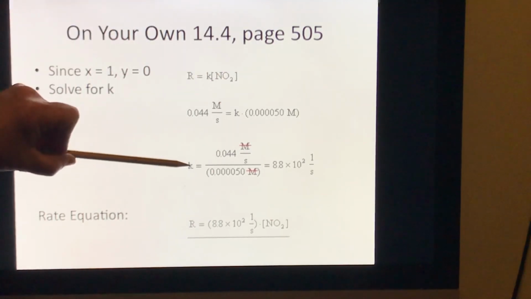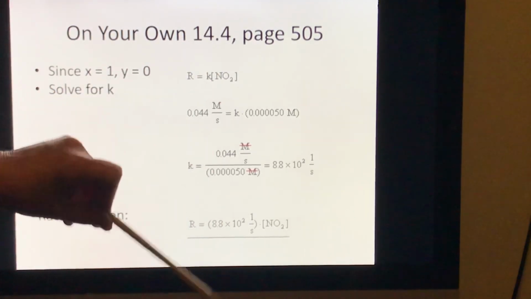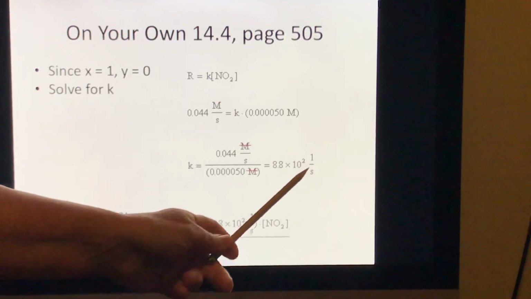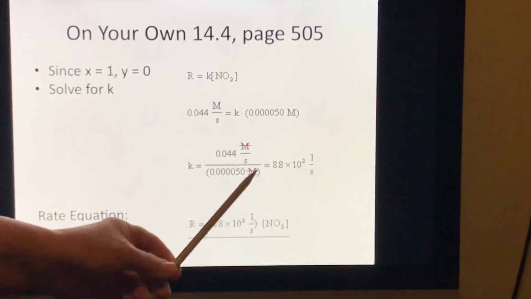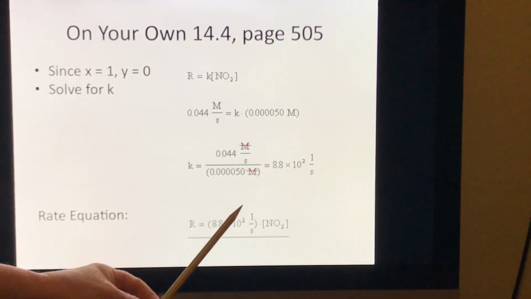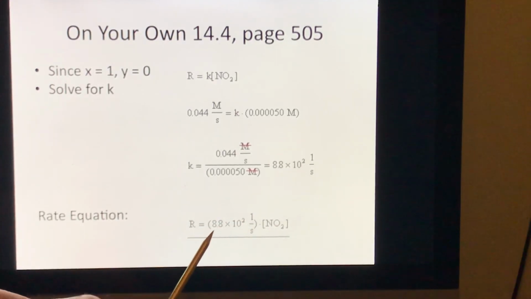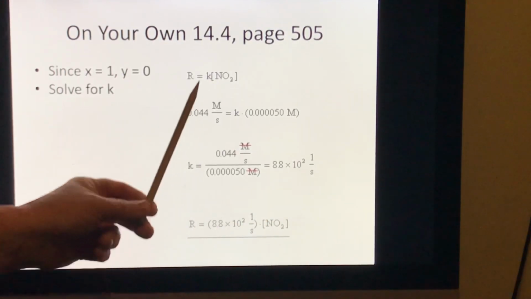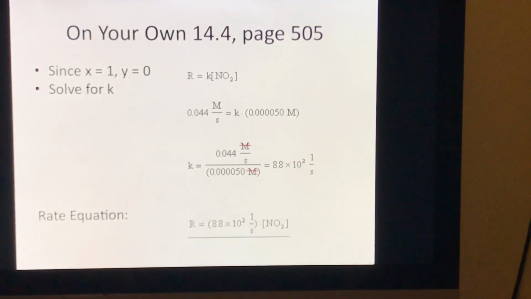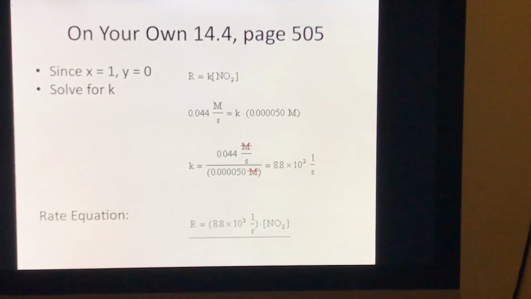Then you rearrange and solve for K, and you get 8.8 times 10 to the second, 1 over S. I know in your book it says 880. It's the same thing. And then you just take this numerical value that you solved for here and plug it in for K in your rate equation. All right, so that's it for that video, and we will proceed on in the next one.